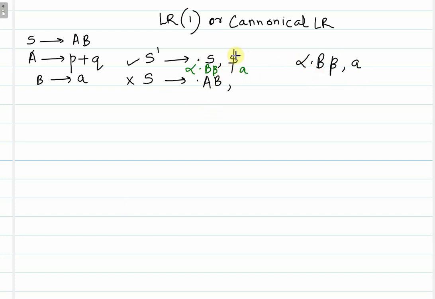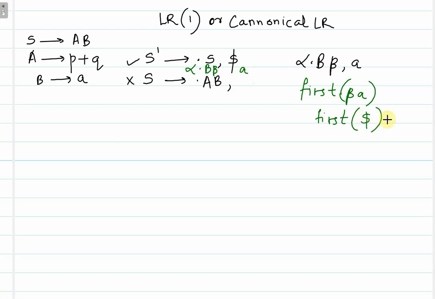Once you do this mapping, you compute first of βA. In this case β does not contain any symbol, but there is A, that is the lookahead symbol $. So what is first of $? First of any terminal symbol is the terminal symbol itself.